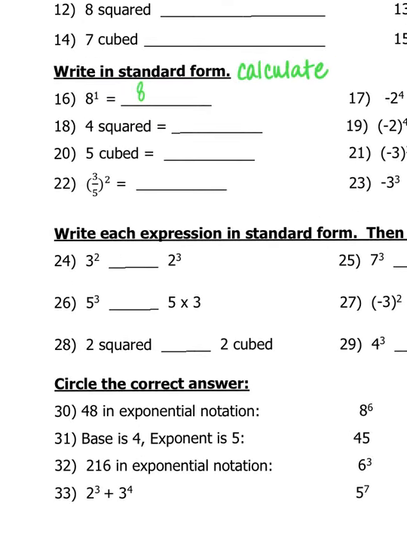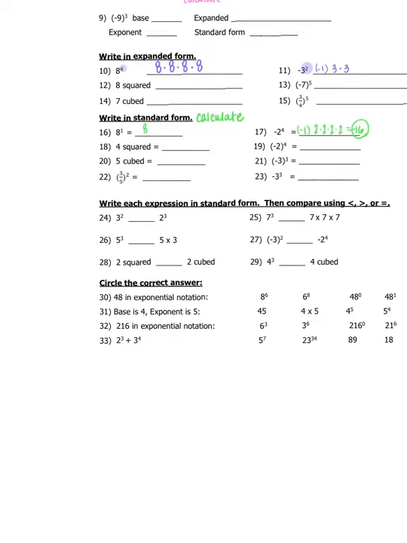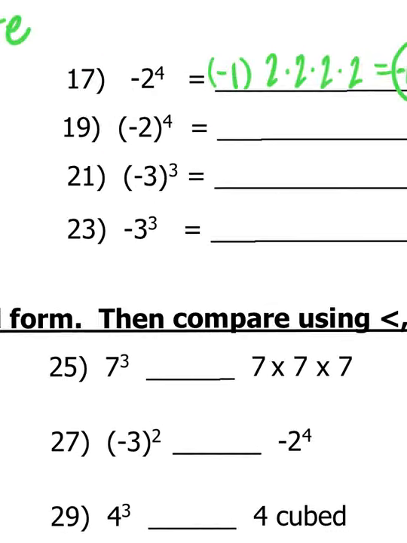Again, squared is 2 to the 2nd power, and cubed is to the 3rd power. That should help you with number 18 and 20. So go ahead and try 18 through 23 on that one. And this one, you're just putting it in your calculator. If you want to put it in your calculator just as it's written, make sure you have parentheses around it if it has parentheses.